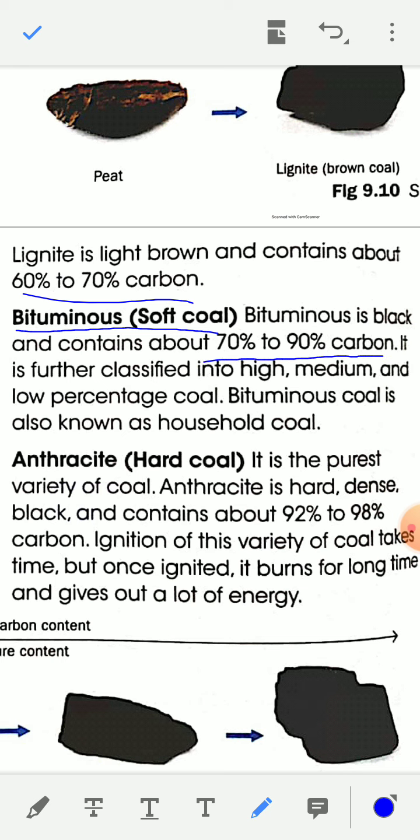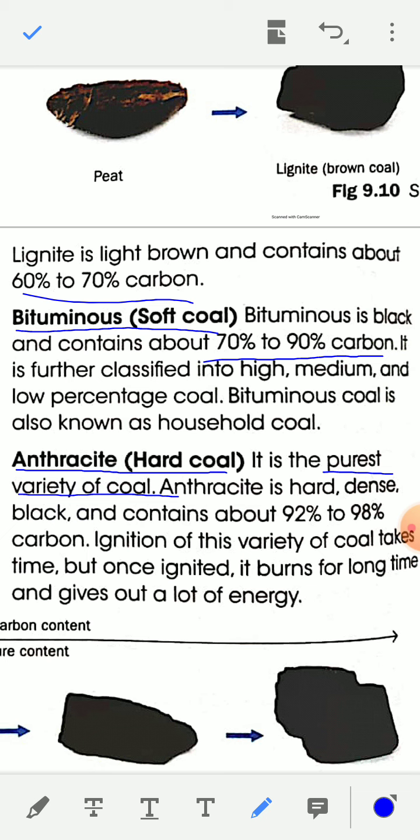It is further classified into high, medium, and low percentage coal, and bituminous coal is also known as household coal. The last type of coal is anthracite coal or hard coal. It is the purest variety of coal.